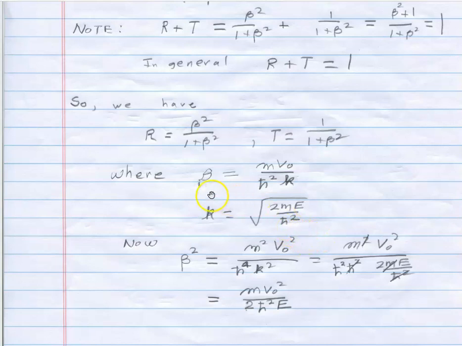So if I square beta, I'll get m squared V naught squared over h bar to the 4th times k squared. But k squared is just 2mE over h bar squared. And then that simplifies a little bit. One of the m's goes out, an h bar squared cancels, and beta squared simply becomes m V naught squared over 2 h bar squared E.